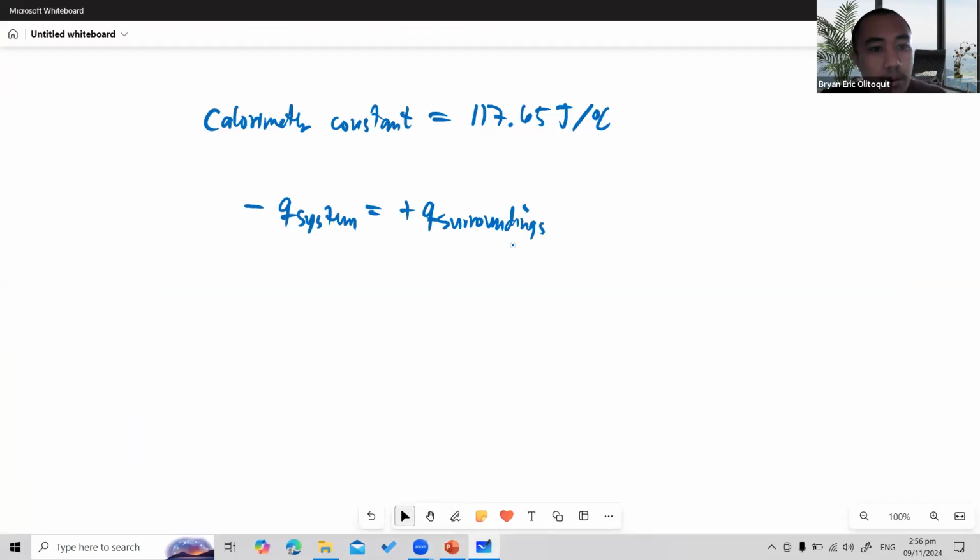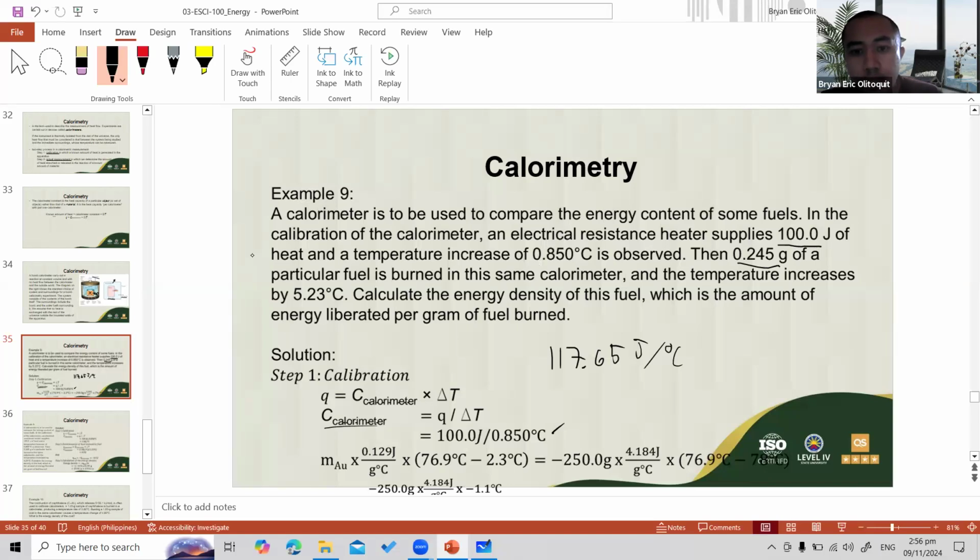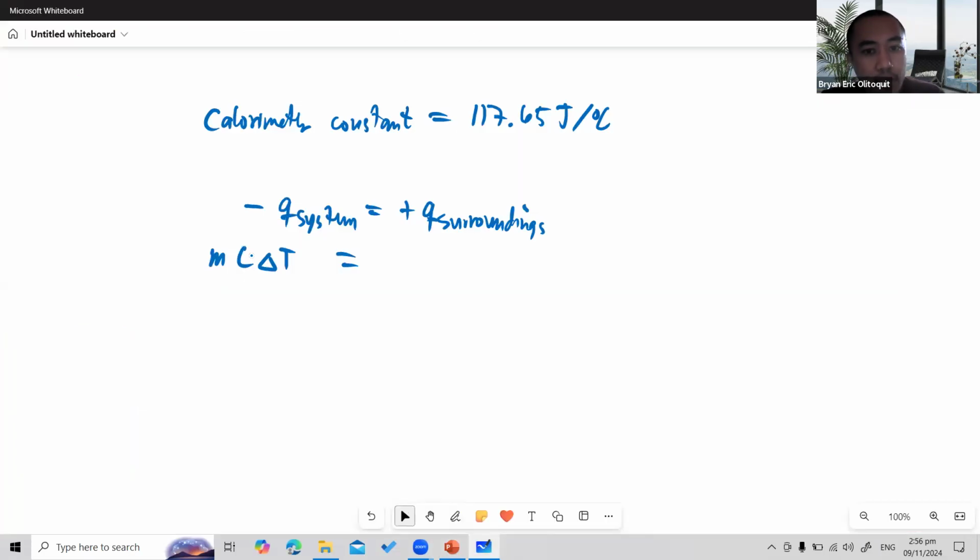So we have MC and then the change in temperature. This is equivalent to the change in temperature ng surroundings, which is Q equals the calorimeter constant multiplied by the change in temperature also. So, latagin lang natin tong part na equation: calorimeter constant multiplied by the change in temperature.